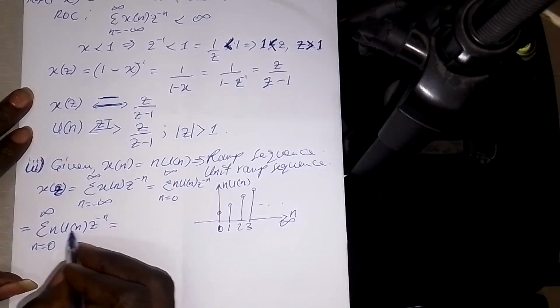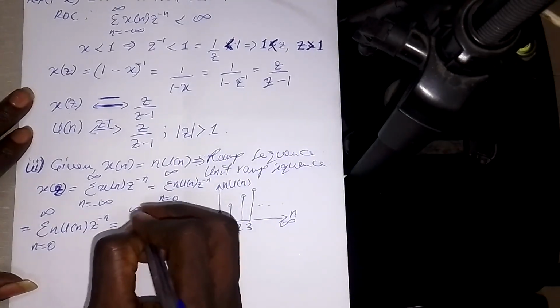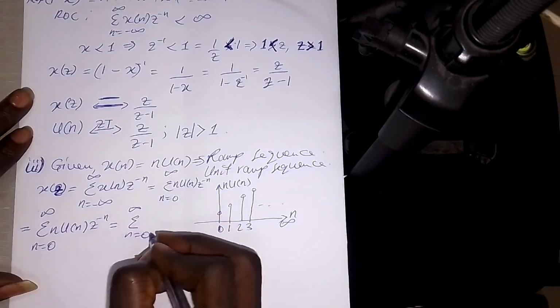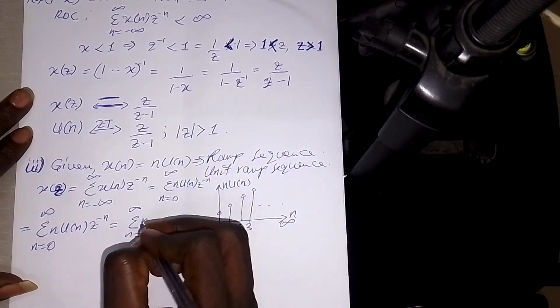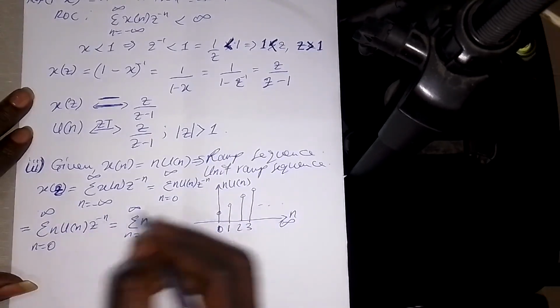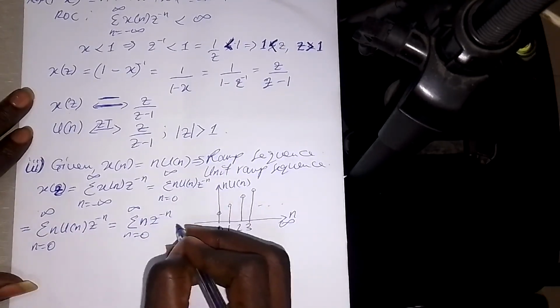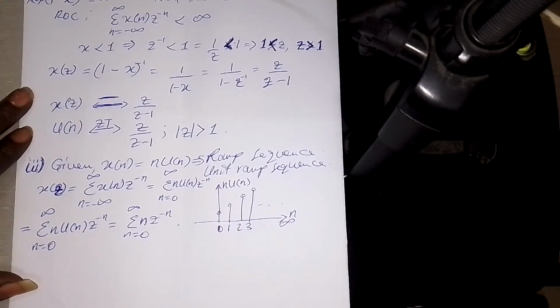So if I put 1 into the u of n, then I'm going to get the summation from n equals 0 to infinity of n into z to the minus n.